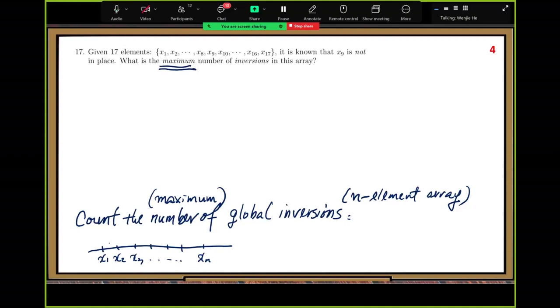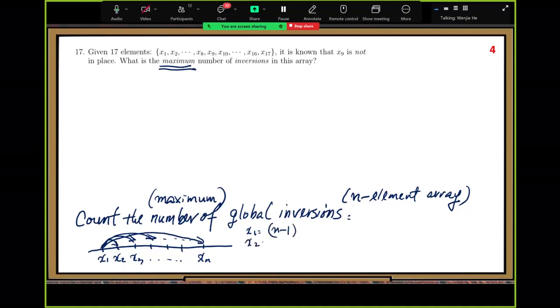So for maximum, we assume between every 2 elements there is an inversion. Starting from x1 and all the possible pairs, we have inversions. Starting from x1, we have n minus 1 inversions, right?